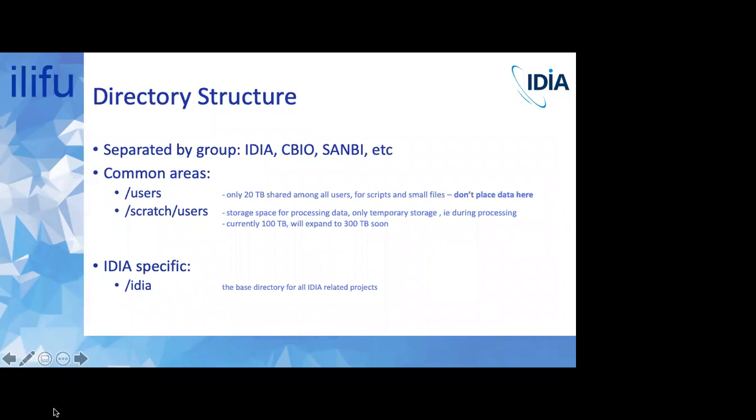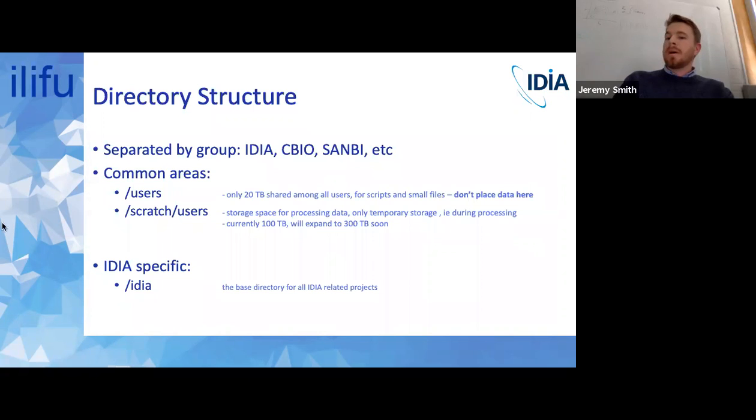In terms of the directory structure, I'll do a demo of SSHing and show the directory structure after going through the slide presentation. The common areas, your user home directories, are available at /users.